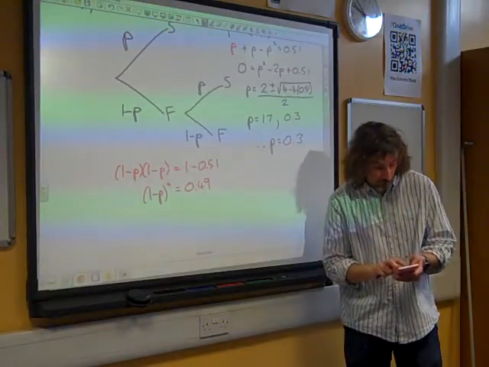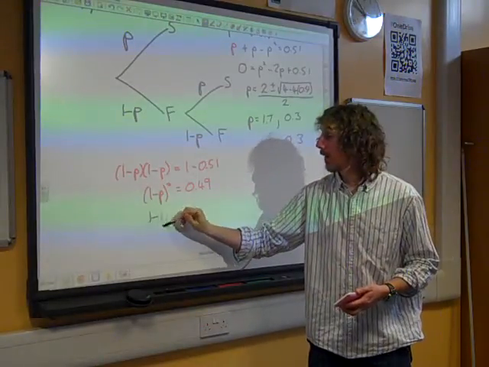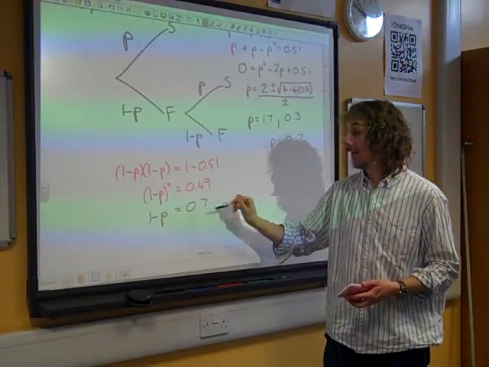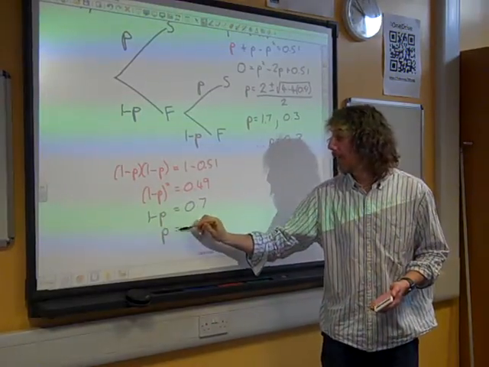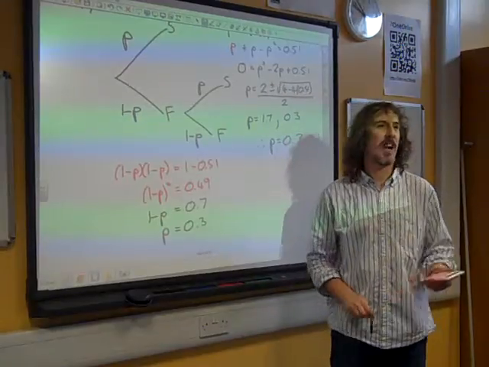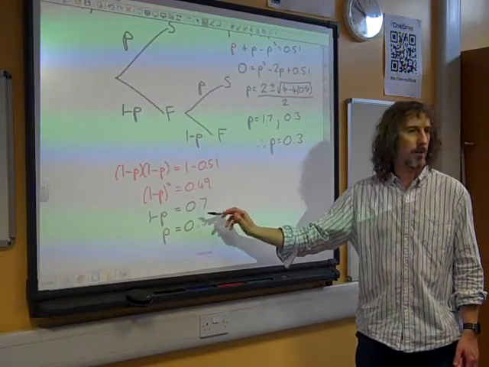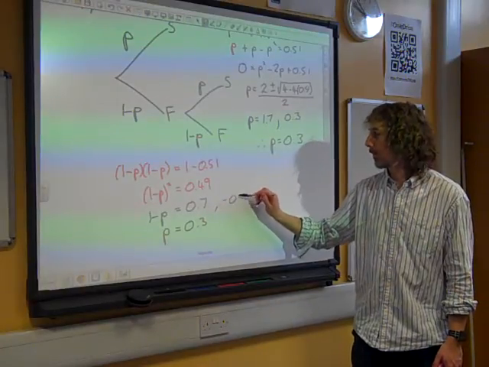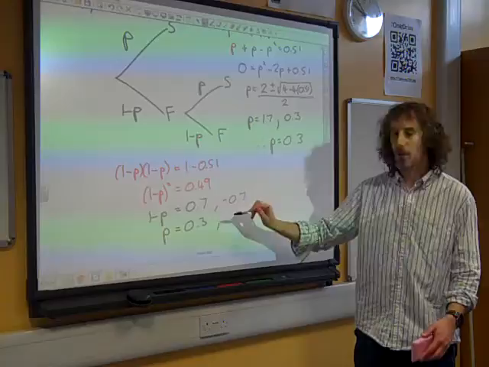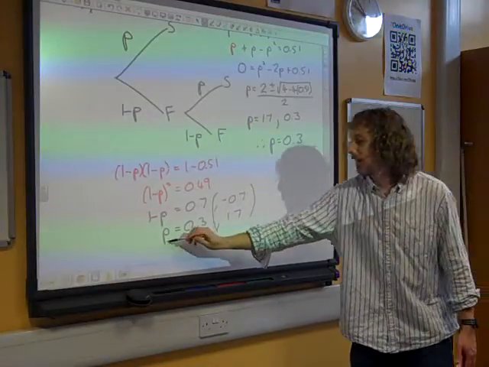If we square root 0.49, we get 0.7. And if 1 minus P is 0.7, then P is 0.3. We actually get plus or minus 0.7, don't we? So the minus one gives us the 1.7, but we're going to ignore all of that bit, and that's the answer that we want.